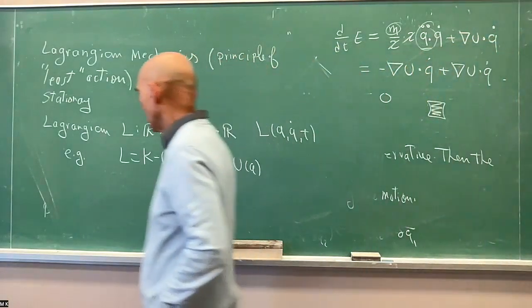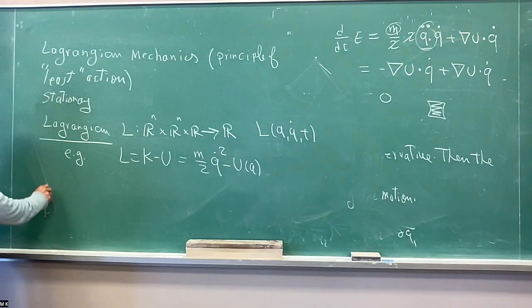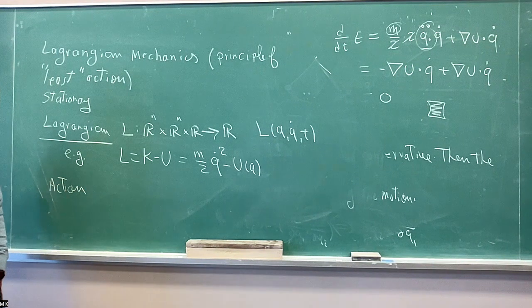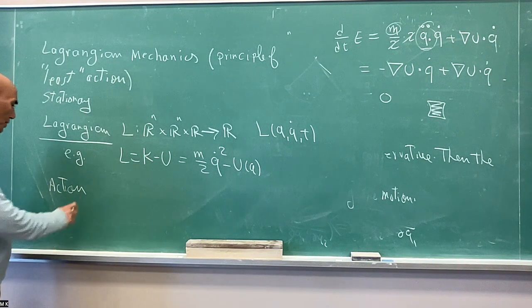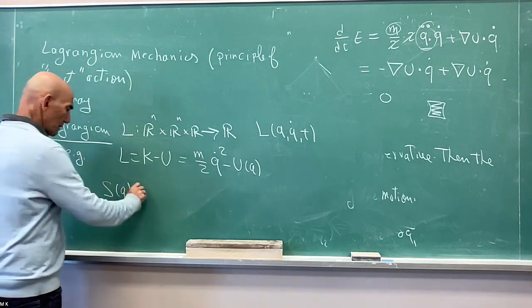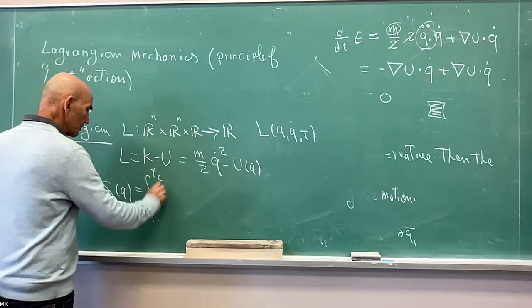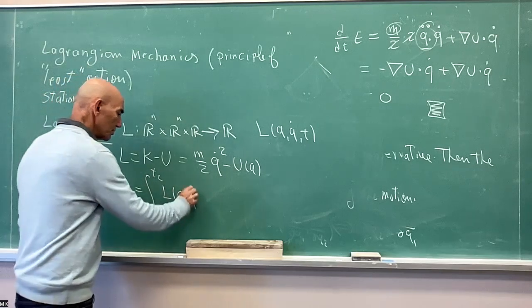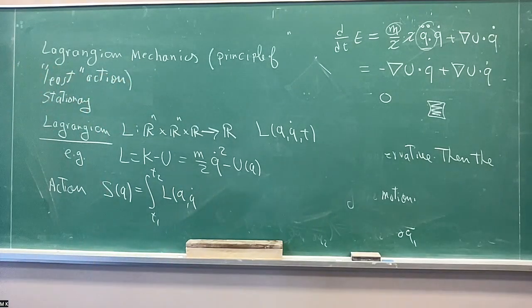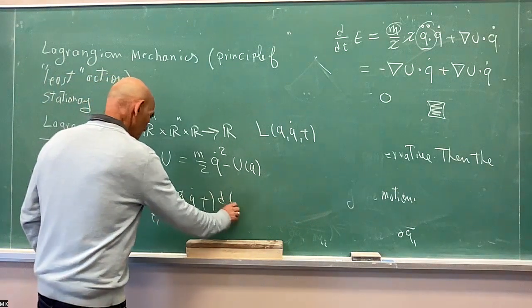That's the first element of the thing. And there is also a concept of action. The action is S of q for a path. This is equal to the integral, for example, from t1 to t2 of L of q, q dot, and t dt.